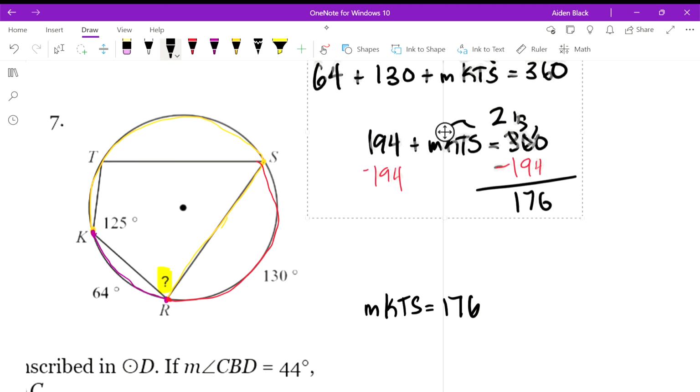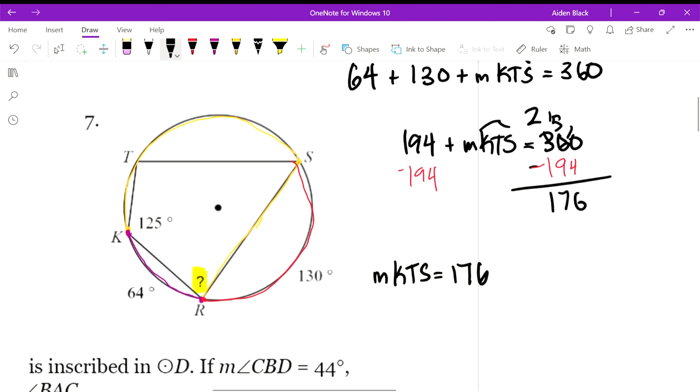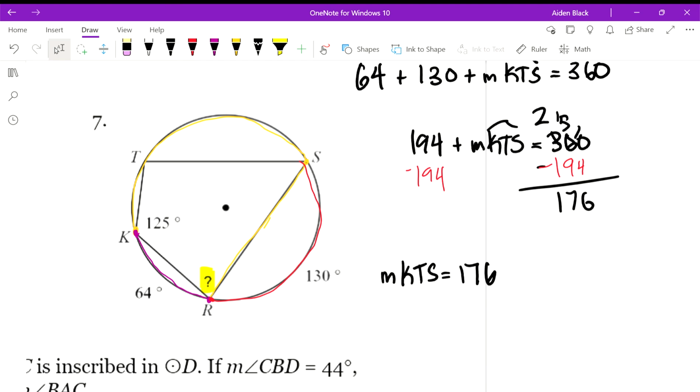Let me move this out of the way a little bit. So that's 176, but that gives us the whole thing. Oh, we're good then. We just take half of that. Check it out. I'll do this in red now.